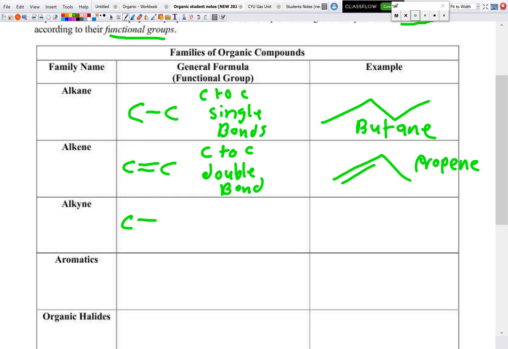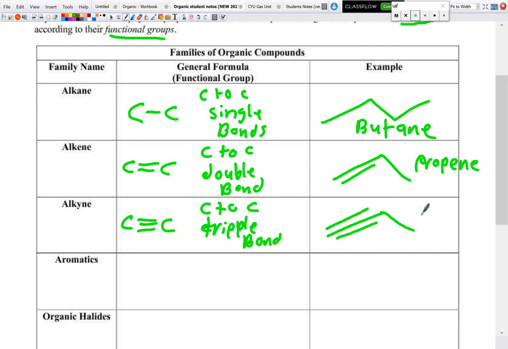And even with our alkyne, so we have a carbon to carbon triple bond. An example of that would be something like propyne.